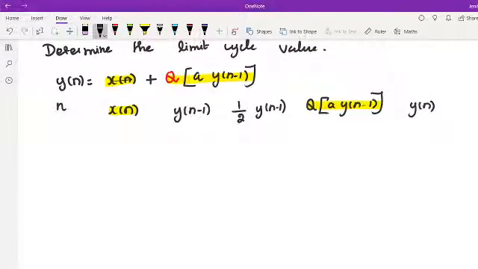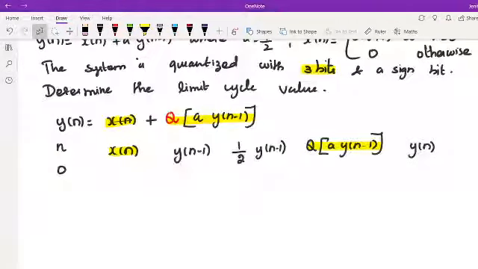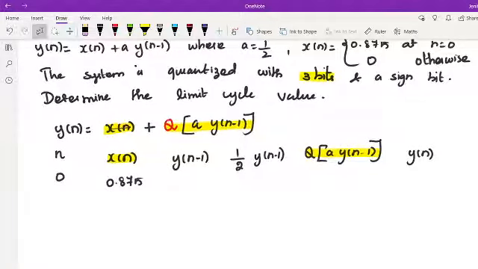So I'll start from the origin now. I'm choosing n is equal to 0. So x of 0 value is given as 0.875. So I'm going to apply x of n is 0.875 because n is equal to 0. In the given representation, it is mentioned as 0.875. Y of n minus 1, that is y of 0 minus 1. For this y of minus 1, we don't have any past value.